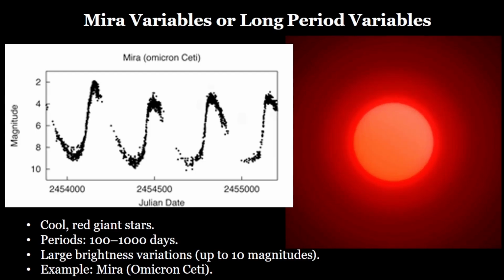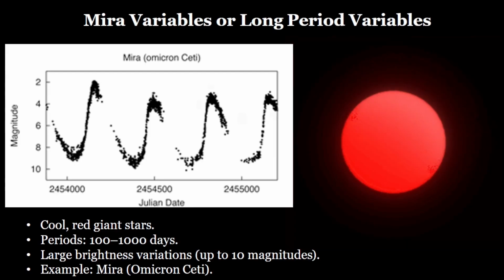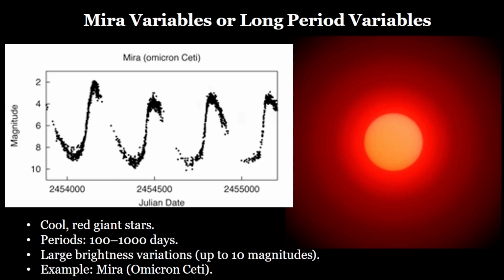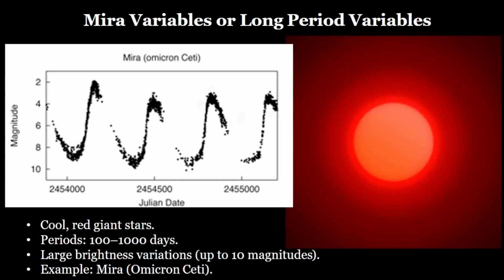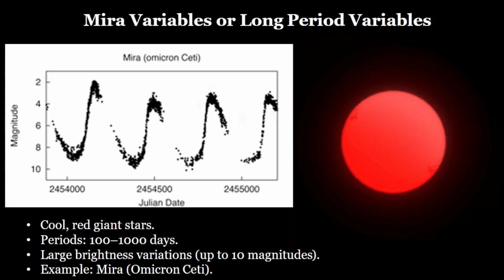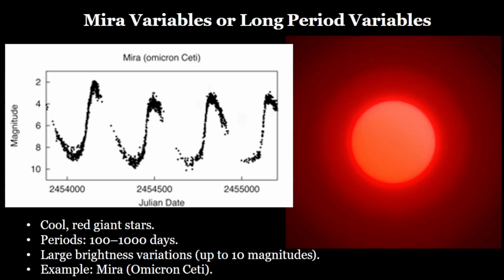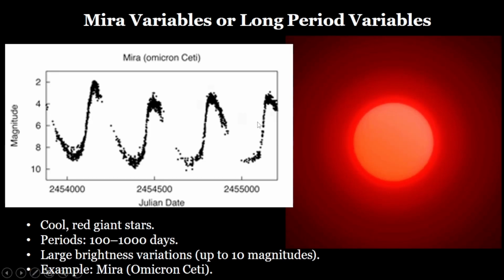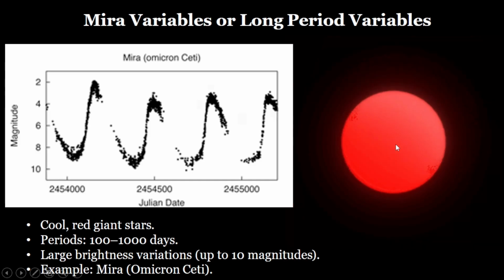So we have the Mira variables, or we call them long period variables. Just as the name applies, the variability period is between 100 to 1000 days. Here is the light curve. See how they are very slow in expanding and contracting.